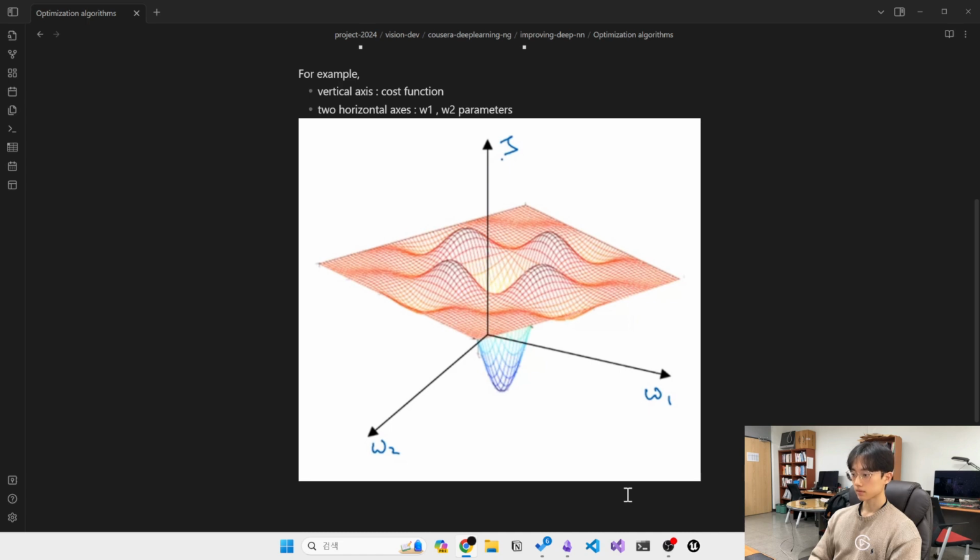It turns out that if you're plotting a figure like this in 2 dimensions, then it's easy to create plots like this with a lot of different local optima. And these very low dimensional plots used to guide our intuition. But this intuition isn't actually correct. It turns out if you train a neural network, most points of zero gradient are not local optima, like points like this. Instead, most points of zero gradient in a cost function are actually saddle points. So that's a point with a zero gradient.